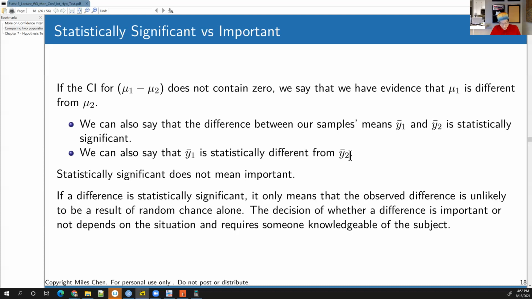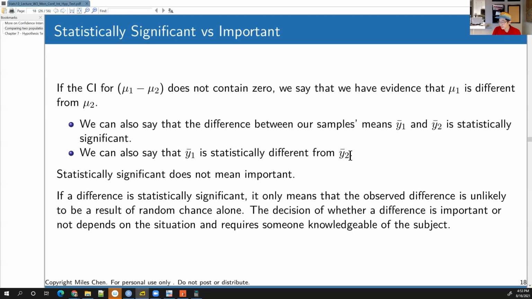But here's the thing, statistically significant does not mean that it's actually important. Just because things are different doesn't mean that the difference actually is important.